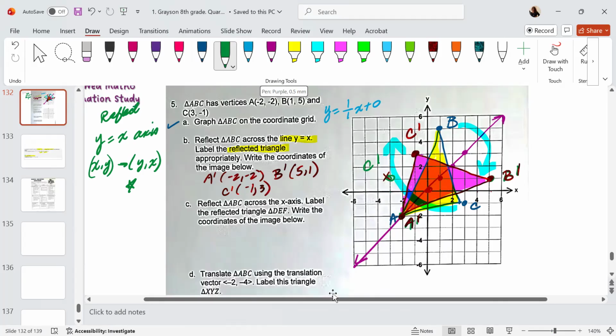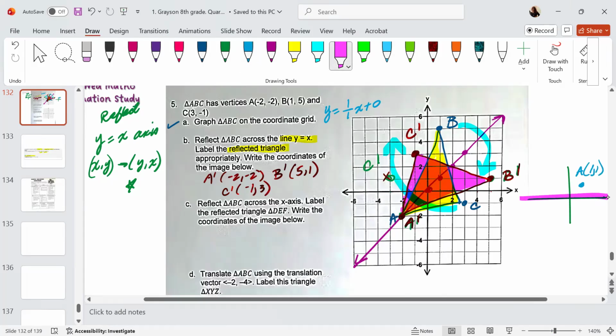Okay, C, what do you have to do? Reflect ABC across the x-axis. What is the formula for that? Well, think about it, okay? Here is a grid. If I have a point right here, A, which is 1, 1, right?